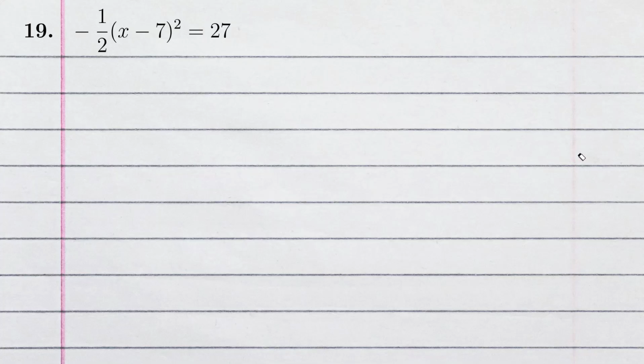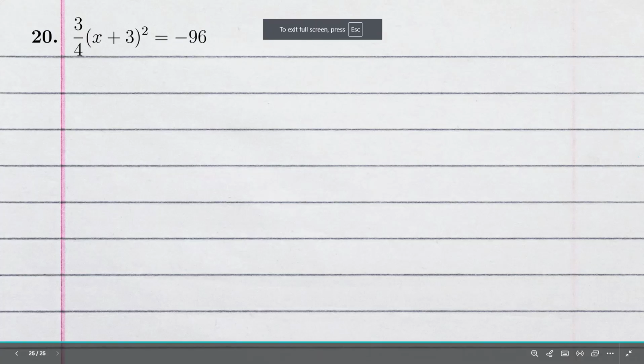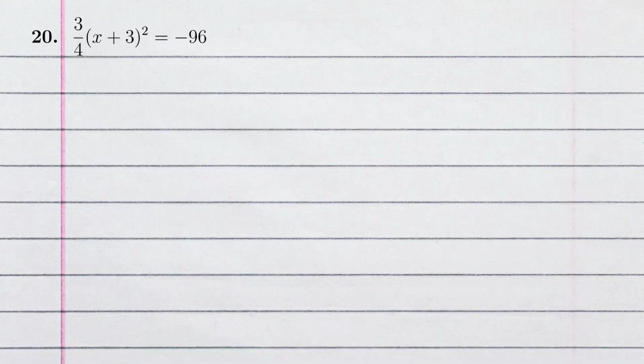And last problem, again, we have a fraction as the multiplier. To move that fraction over to the other side, we would have to divide by 3/4, and when we divide by a fraction, we multiply by the reciprocal. So we're multiplying by 4 over 3.